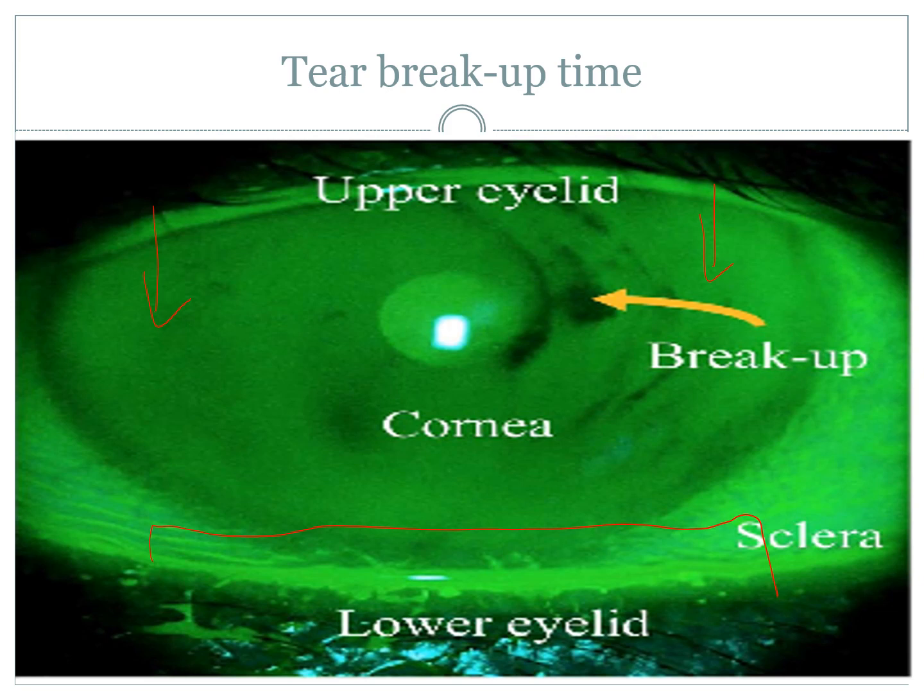Now, with the Fluorescein, the tear film will appear green. Any black spots that you see will be an indication of an area of dry eye, and this will occur within a few seconds after blinking. The TBUT is the time interval between the last blink and the appearance of this dry spot itself.